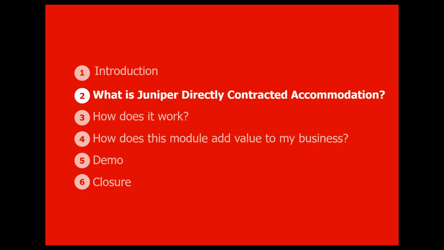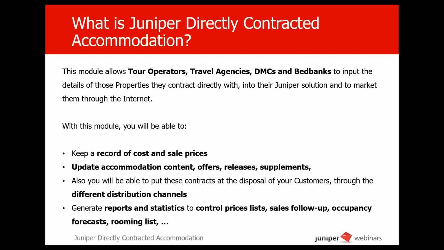So let's start. What is Juniper directly contracted accommodation? This module allows operators, travel agencies, DMCs, and bed banks to input the details of those properties they contract directly with into their Juniper solution and to market them through the internet.